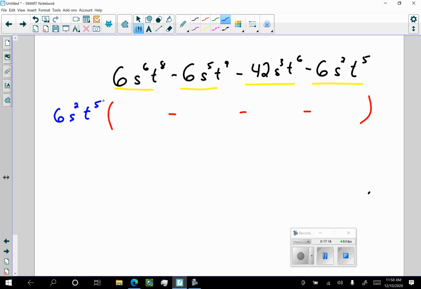Now I ask myself a question. 6s squared t to the 5th times what is 6s to the 6th t to the 8th? Boy, I can't say that five times really fast. Well, it's going to be 1.